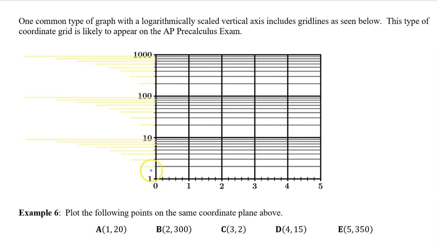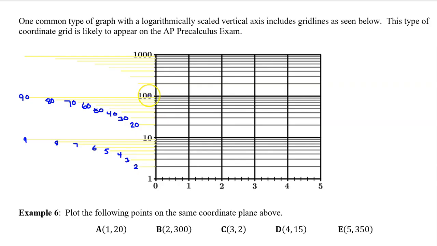And then between 1 and 10, each one of these lines you are counting by 1. So this is 2, 3, 4, 5, 6, 7, 8, 9, and then we get to 10. As you pass 10, you begin counting by tens. So it goes 20, 30, 40, 50, 60, 70, 80, and 90.